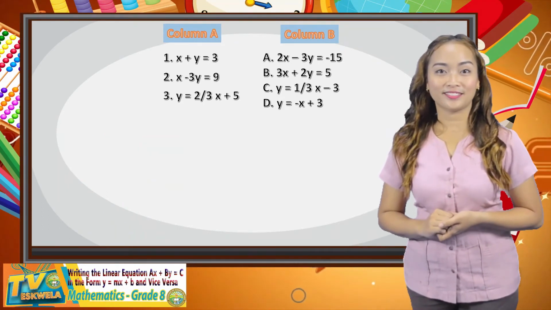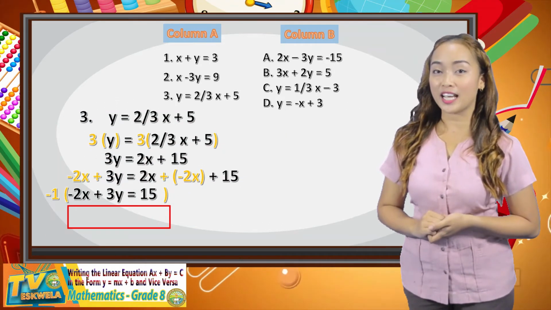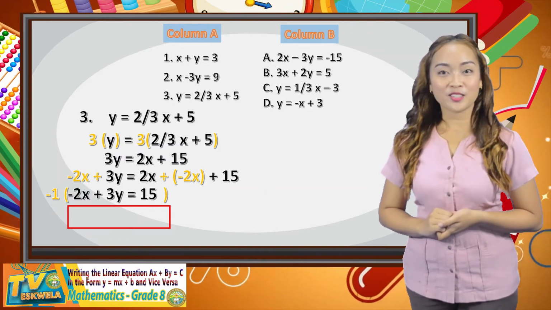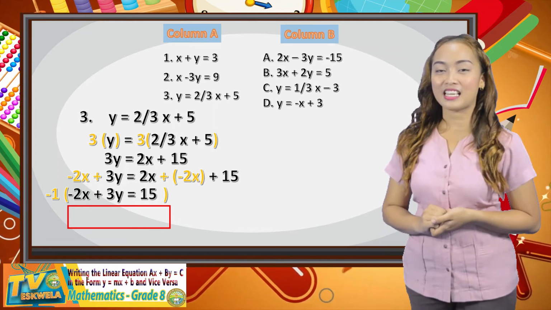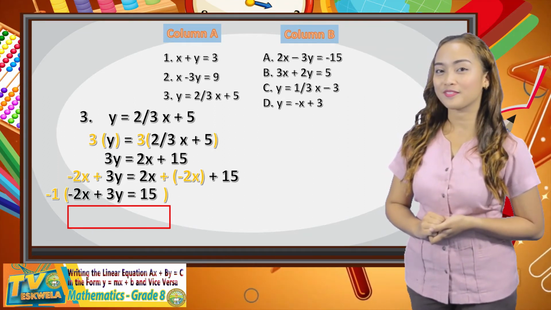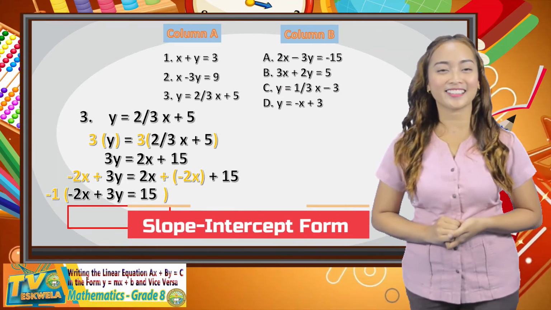Last number. y is equal to 2/3 x plus 5. There's a presence of fraction. The given equation is in what form? Slope-intercept form. Great!